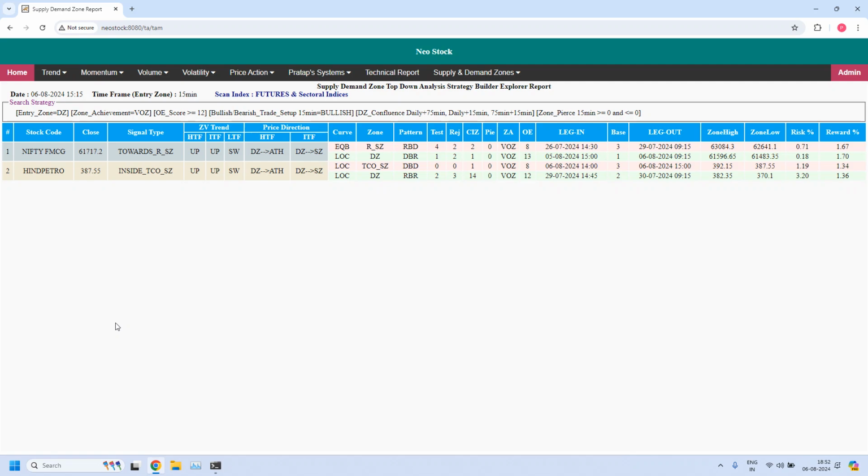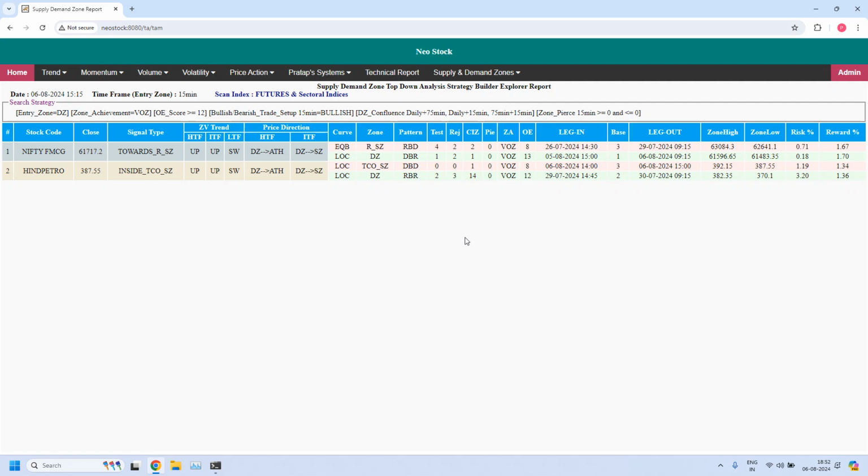Now out of those 5, these 2 stocks are having confluence with the LTF, ITF and HTF. So this is about bullish trade setup for daily income trade.